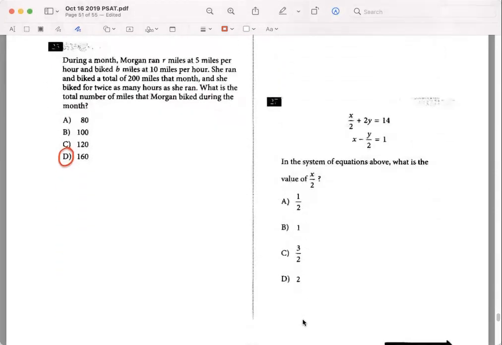Okay. In the system of equations above, what is the value of x by 2? Okay, so we need to find x by 2, right? So let's try and eliminate y. So I'm going to multiply this second equation by 4. So I'll get 4x minus 2y is 4, right?